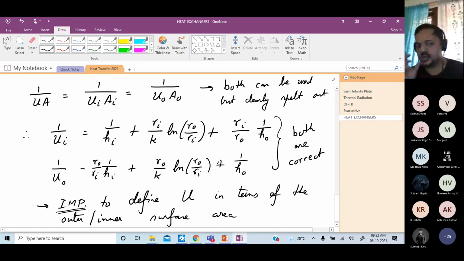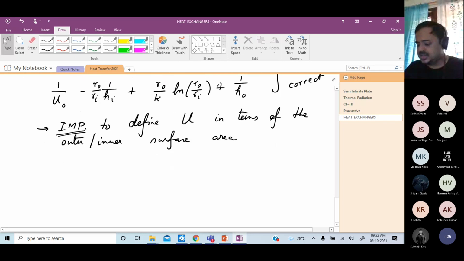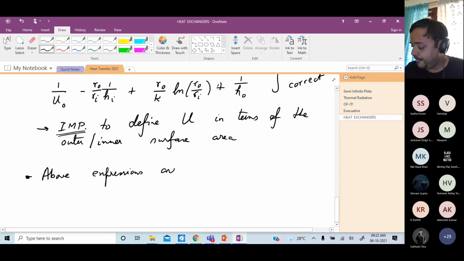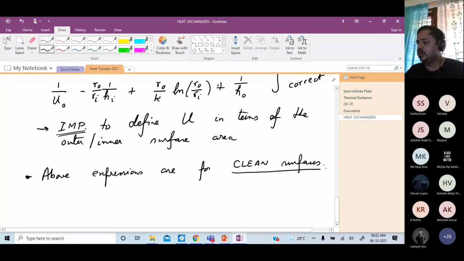That's okay. The last thing I would like to say is that the above expressions are for clean surfaces. What do I mean by that?